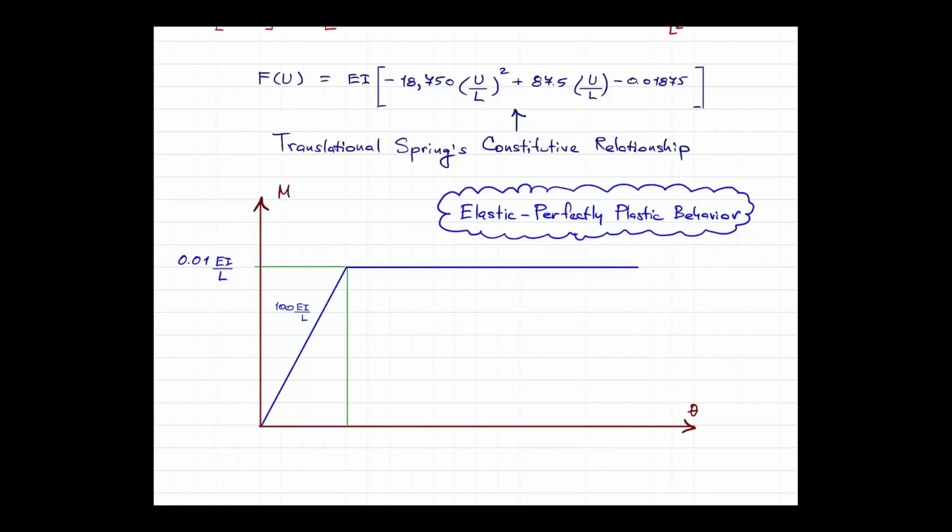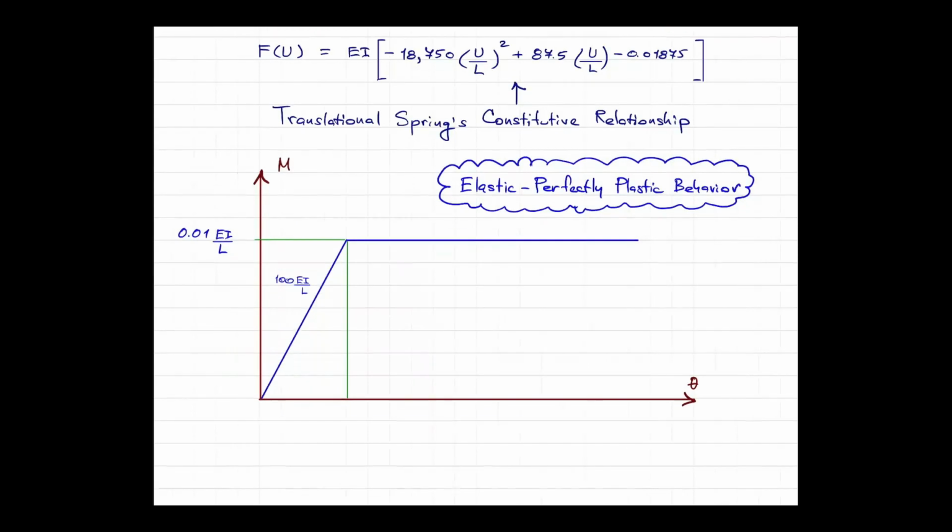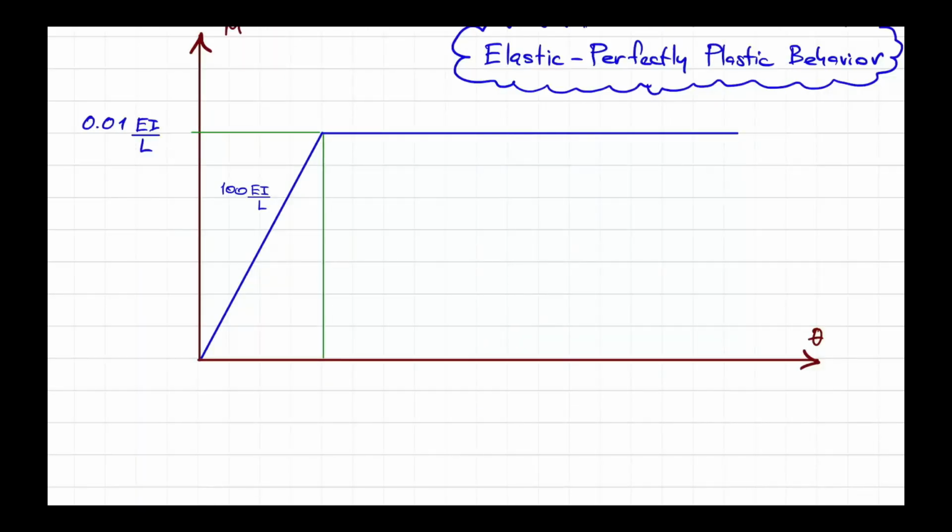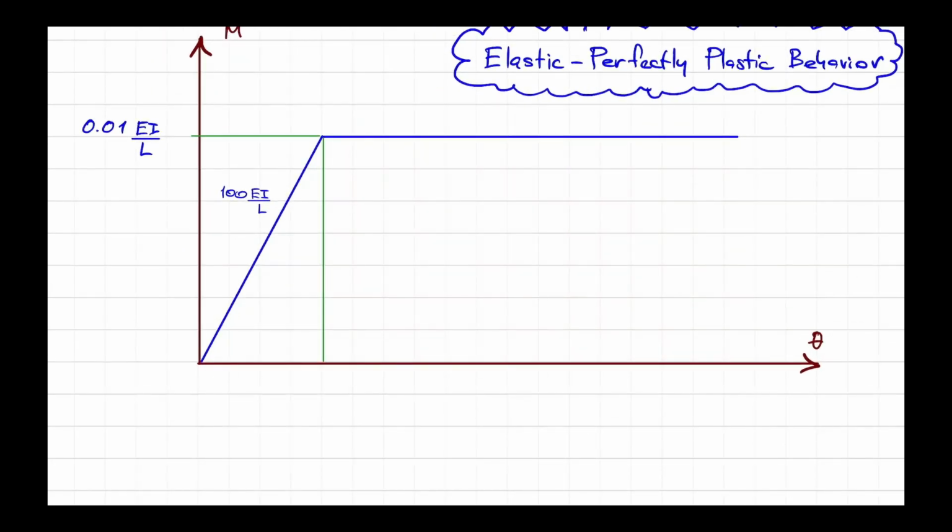Okay, so you get the plastic hinge formation. Behavior is exactly like this, and then bilinear. So if we find the corresponding yield rotation, you divide this by EI over L, so 0.1 divided by 100.